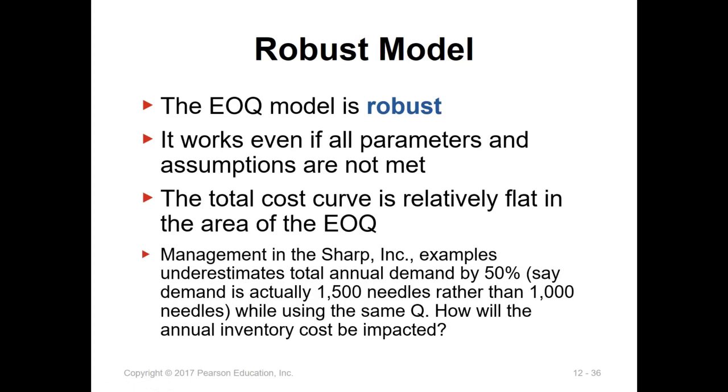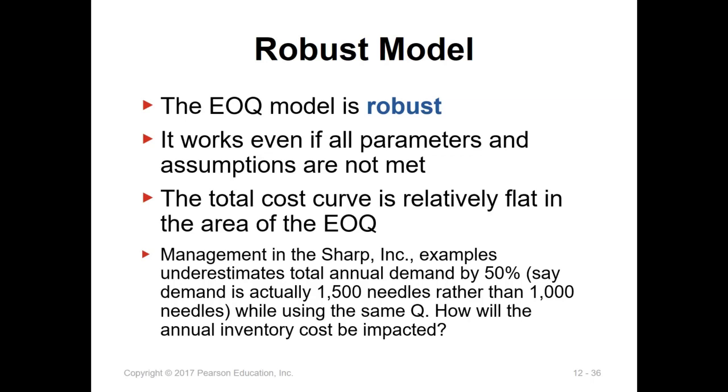In the example, which we already practiced in the in-class problem solving 1, 2, 3, they said the total annual demand actually increased by 50% or more.